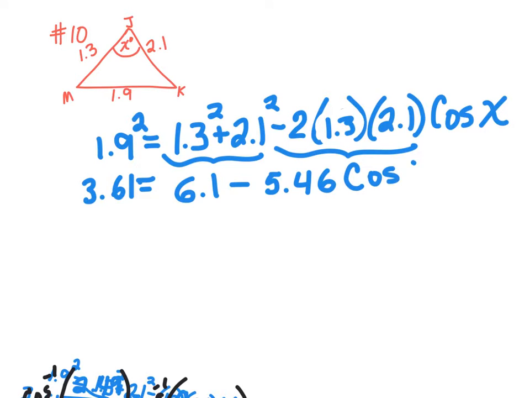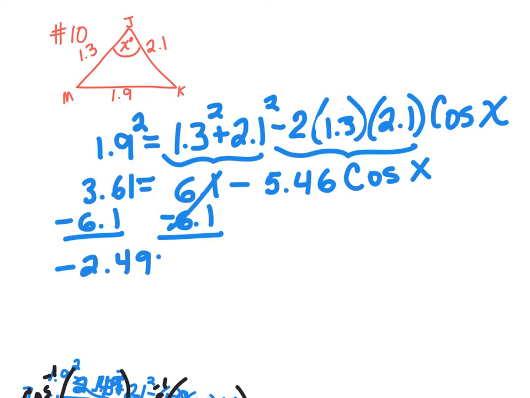Great, cosine of X. Then what did you move? The 6.1. Okay. So then when you subtract, that's negative 2.49? Perfect. And then here you still have negative 5.46 cosine of X.